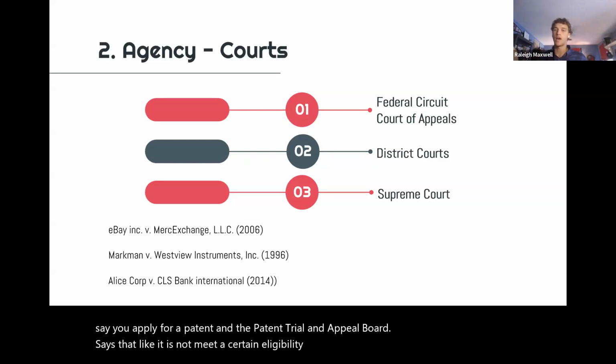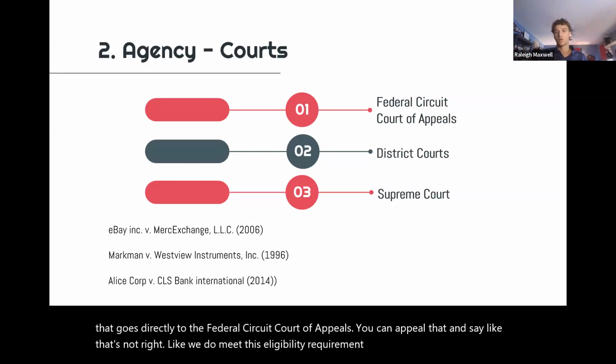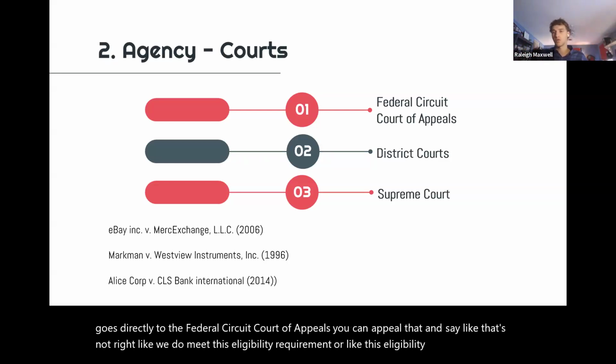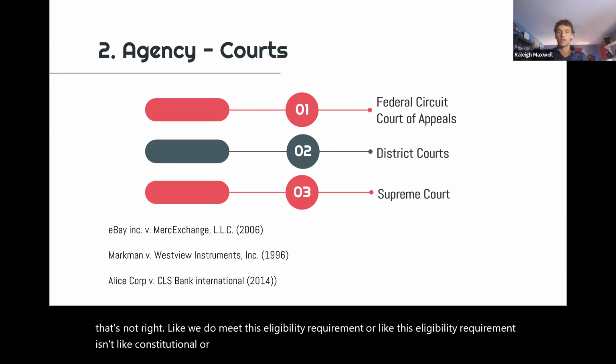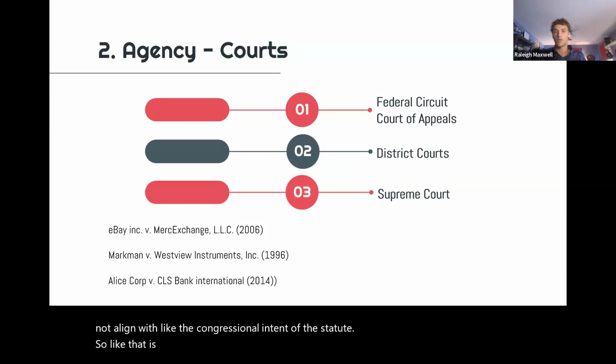You can appeal that, and that goes directly to the Federal Circuit Court of Appeals. You can say we do meet this eligibility requirement, or this requirement isn't constitutional, or the way the Patent and Trademark Office is interpreting it does not align with the congressional intent of the statute. So that is the main distinction.